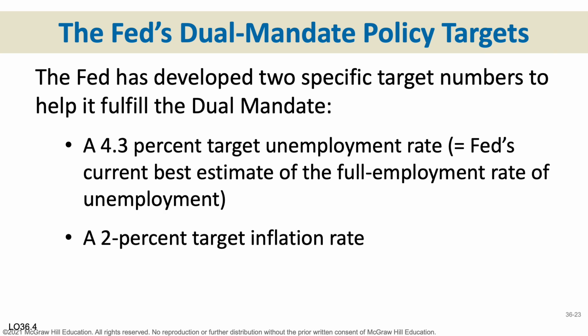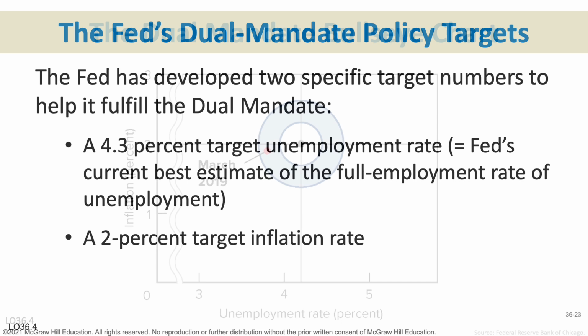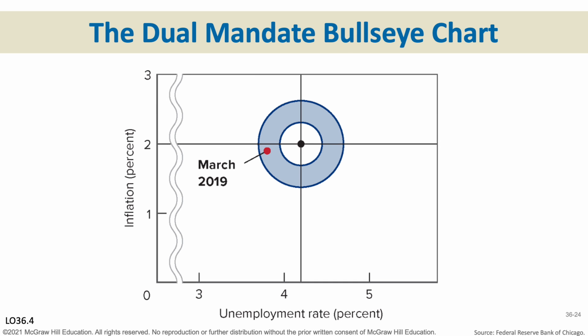So that dual mandate, if the Fed could manipulate monetary policies such that unemployment stayed at about 4.3% and inflation stayed at 2%, they would feel successful. That's what they would like to see happen. So it's just a different way to put it. Inflation on the vertical, unemployment on the horizontal, and they're trying to hit that bullseye.